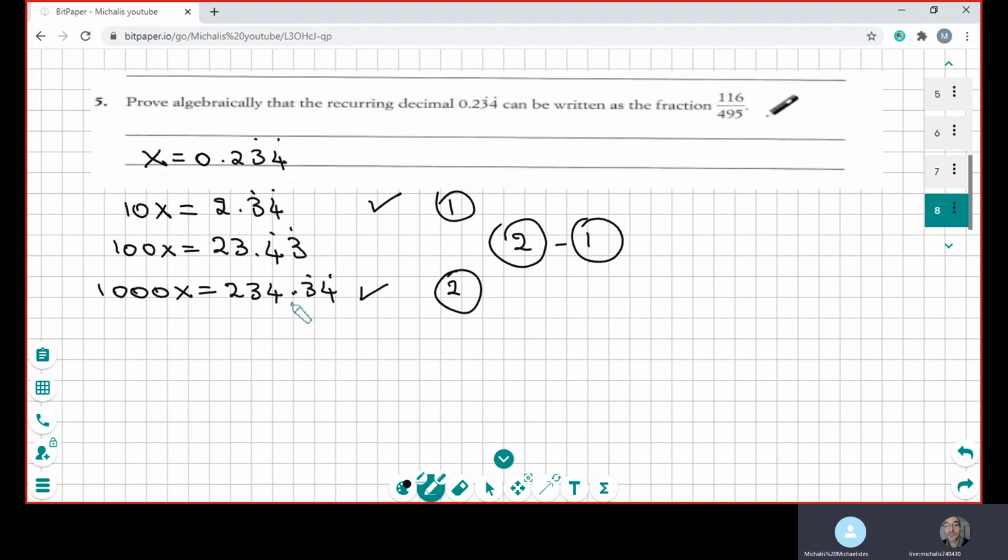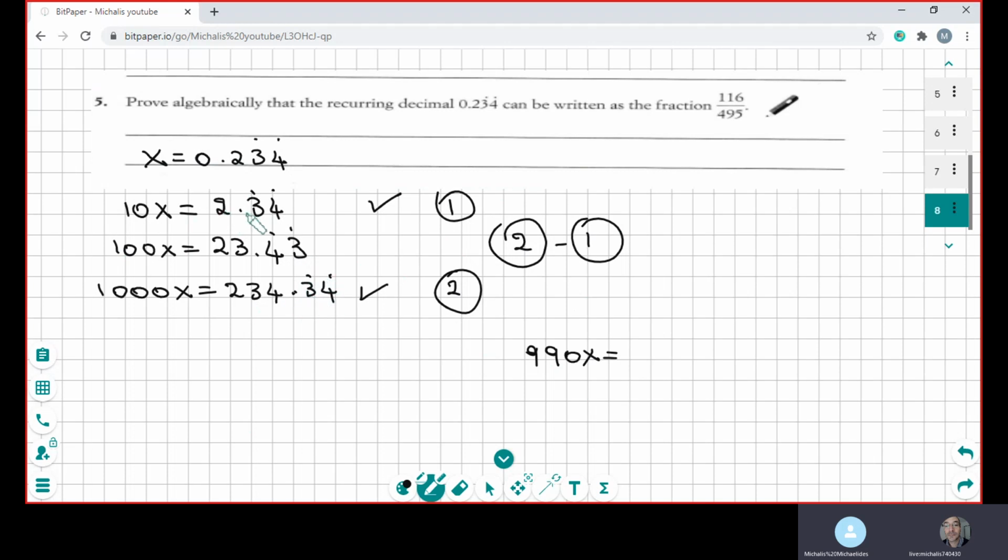The way I subtract, the left-hand side together and the right-hand side together. We do 1000x minus 10x, which gives you 990x.